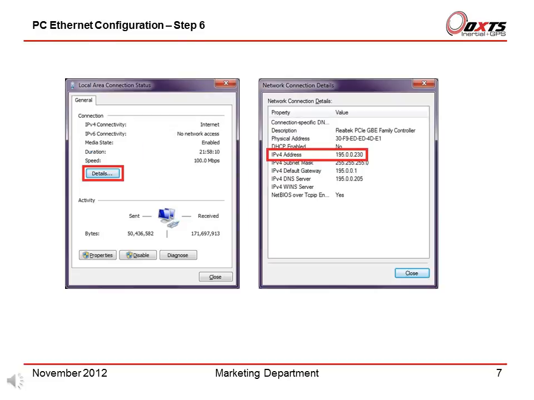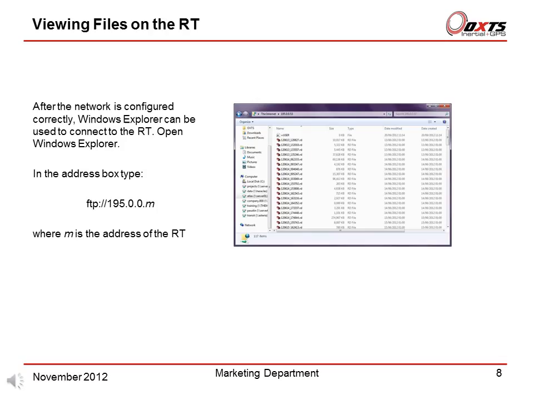Now let's look at step 6 of the PC Ethernet configuration. To check the new IP address of the laptop, it can be checked within the Details window found in the Local Area Connection Status window for the port you configured.